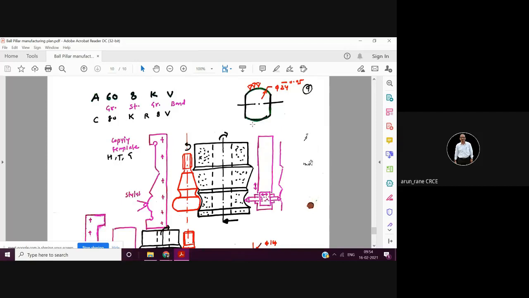Again, the dressing or the regrinding of the diamond wheel and the CBN wheels is again an expensive affair. So 99% of the workpieces can be ground with the help of aluminum oxide and silicon carbide. And as you know, grinding is generally the last operation and is done after the hardening.